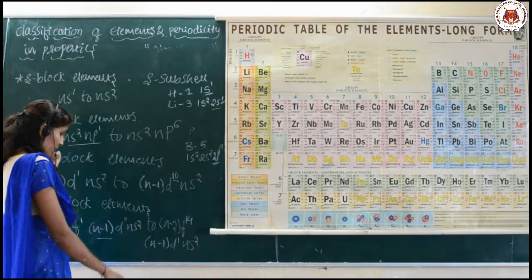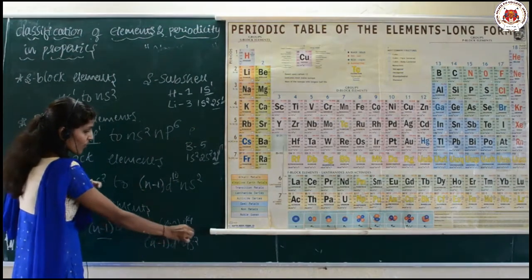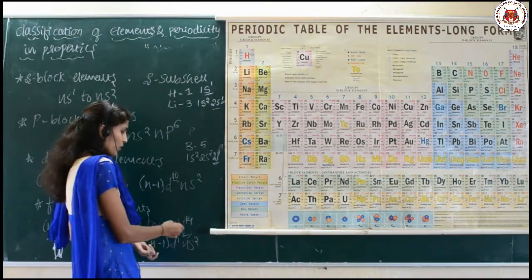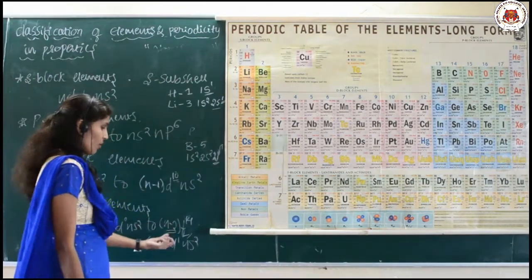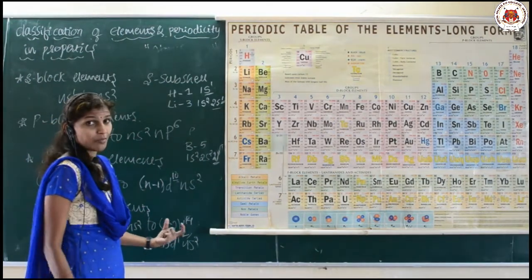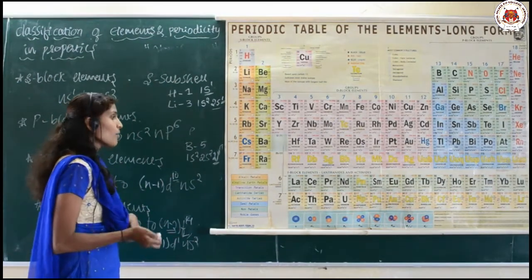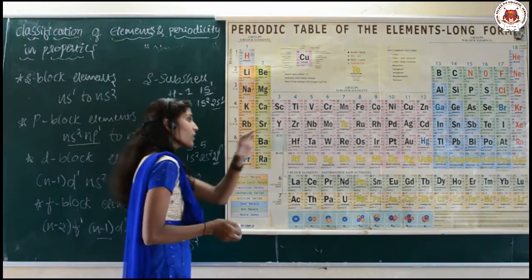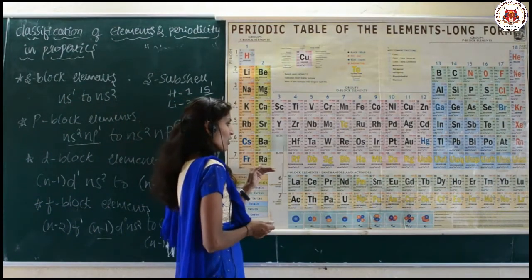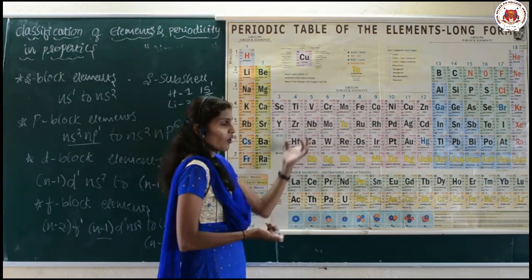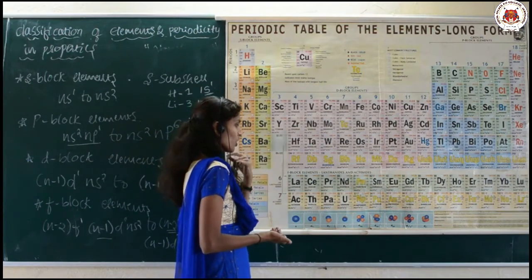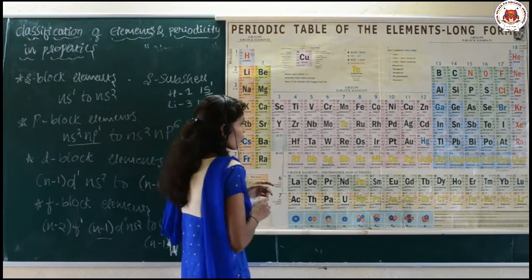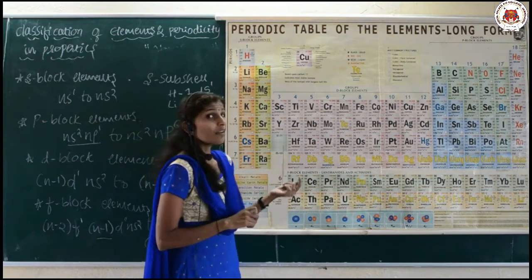It means n minus 2 F is there. Here the electrons will be in the anti-penultimate F shell. N minus 2 means anti-penultimate, and in the periodic table the F block elements are kept separately out of the main body of the periodic table, and these F block elements are called inner transition elements.